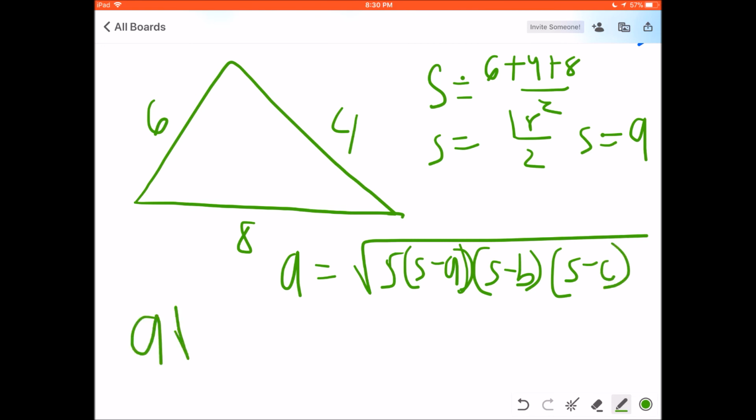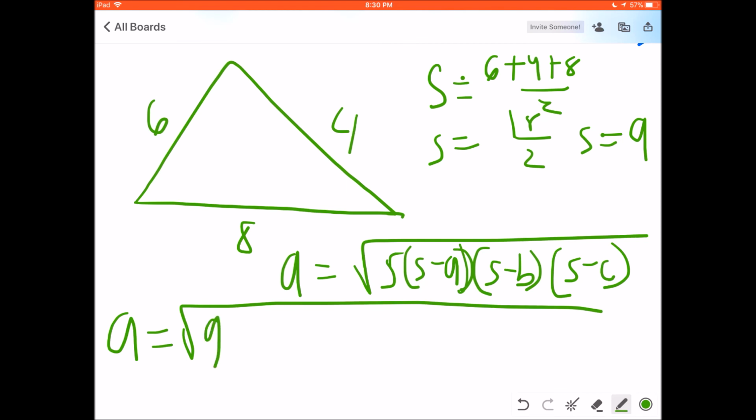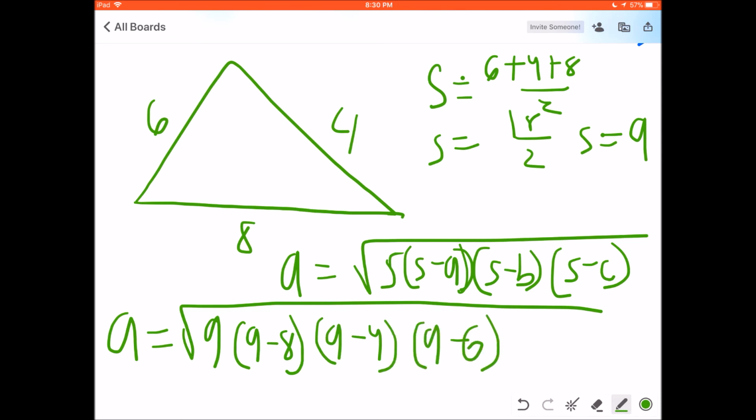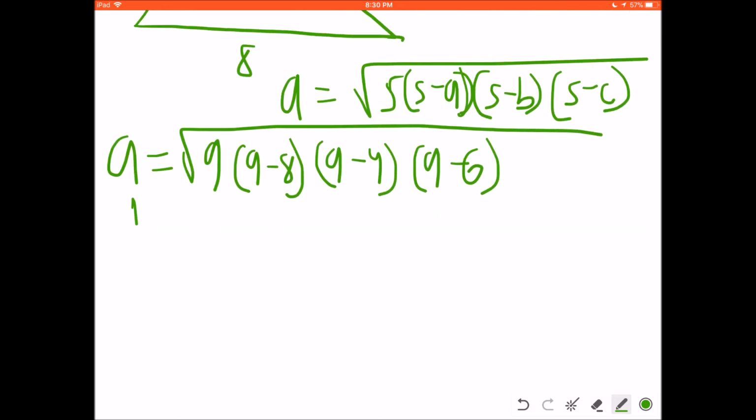So A in this case would be, oh gosh, okay, A equals the square root of 9 times 9 minus 8 times 9 minus 4 times 9 minus 6. So that would be A, here, let me scroll down, there you go.